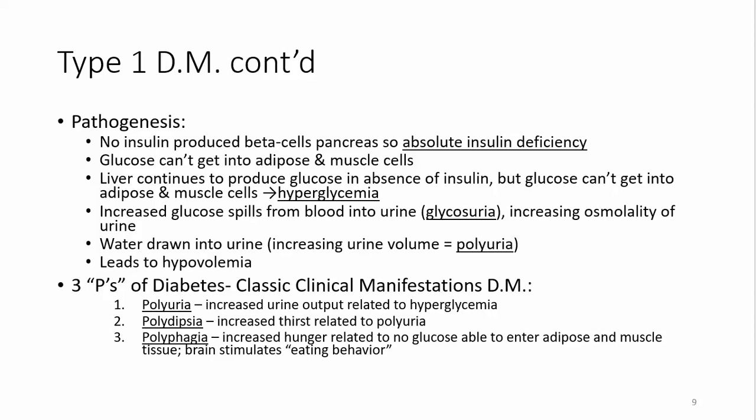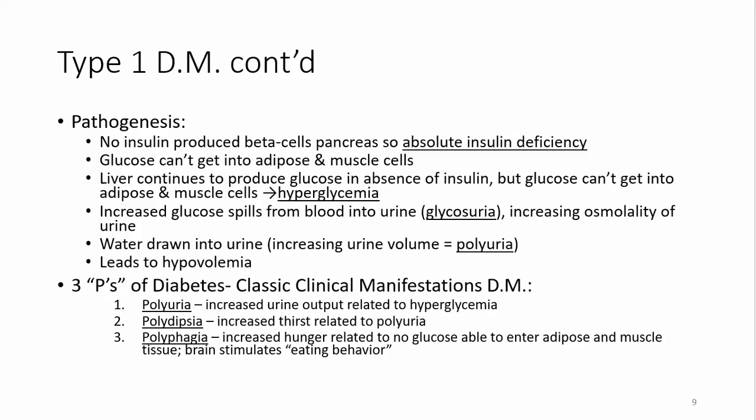Urine becomes more dilute because you've disrupted the osmosis, especially at the distal convoluted tubule. And there's an increased volume of urine, so people pee more, and you end up with polyuria. Along with the polyuria, this leads to hypovolemia. The amount of fluid in the person goes down. Blood pressure issues, things like that.